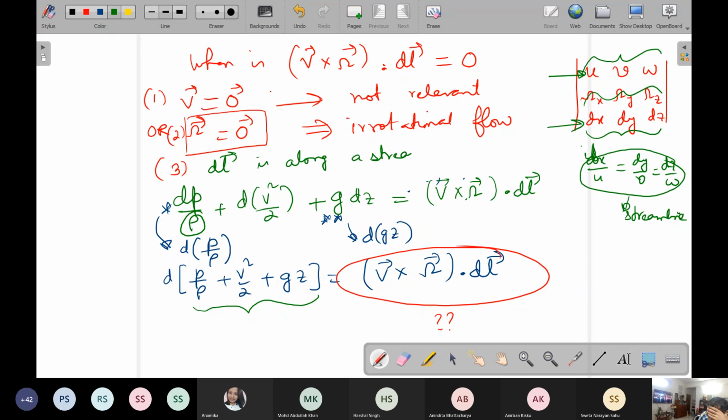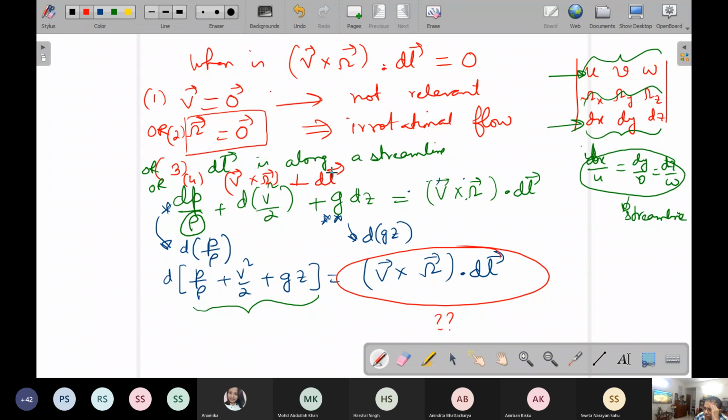But there is also a case number 4. In fact, there could be different cases number 4, but one example is that V cross omega is perpendicular to dl. This is a dot product, right? Let us call V cross omega a vector A. So A dot dl: if A and dl are perpendicular, their dot product will be 0.